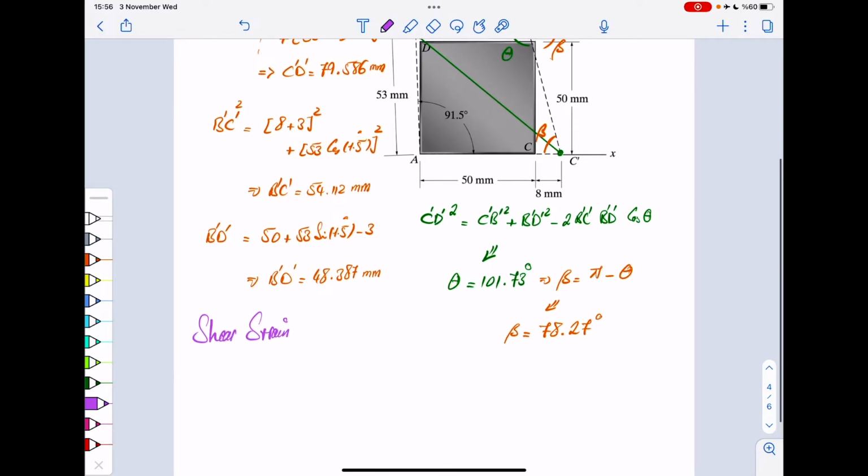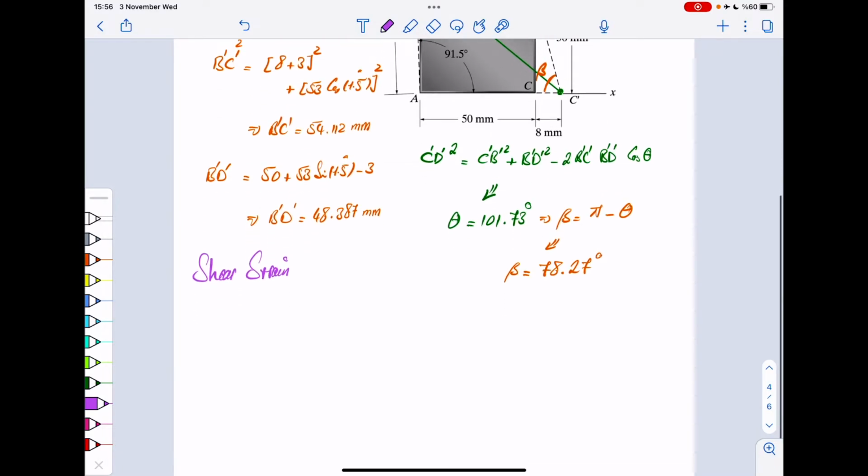At corner A, it's 91.5. So gamma at A would be, remember we said it's pi over 2 minus angle in radian. So pi over 180. That gives you a number with a minus because the angle is more than 90 degree.